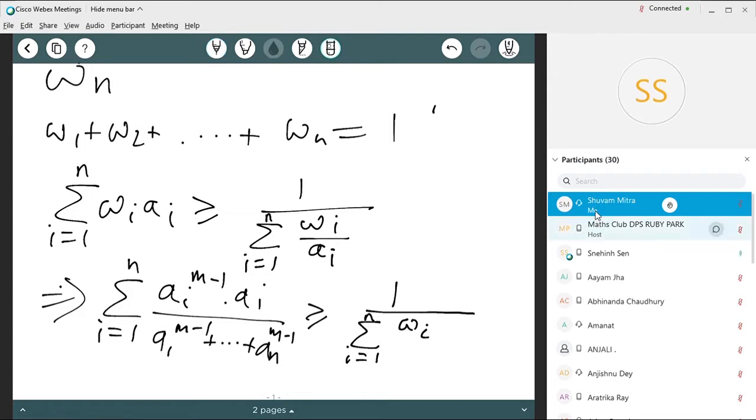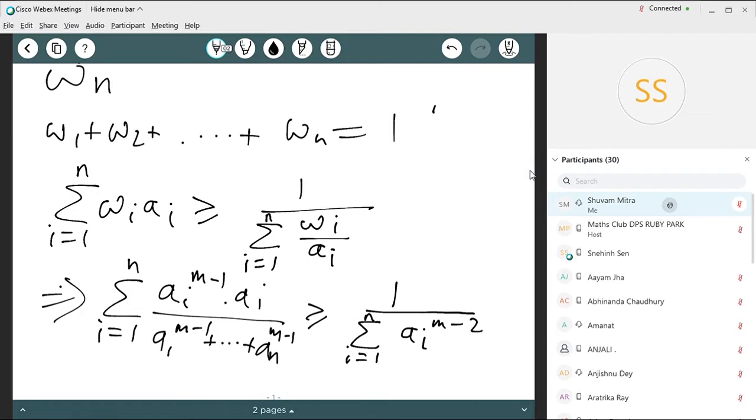Again, we can simplify this stuff. So we get ai to the power m minus 2, and this summation goes on top, over ai to the power m minus 1, i ranging from 1 to n. So you just substitute wi, the values which we chose above, and you will get this inequality.